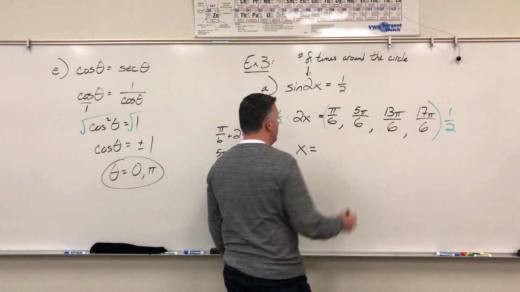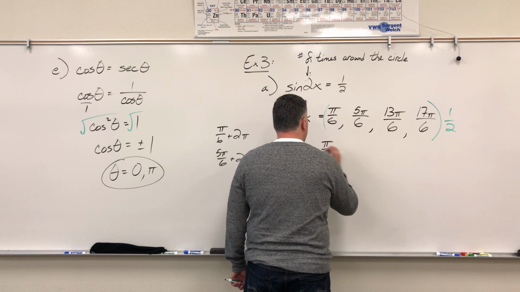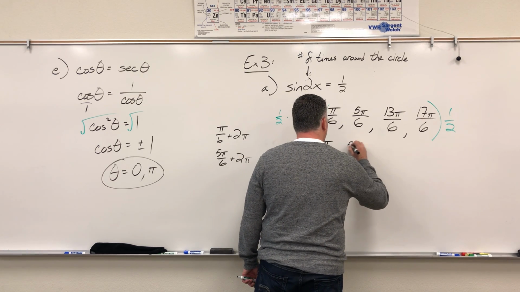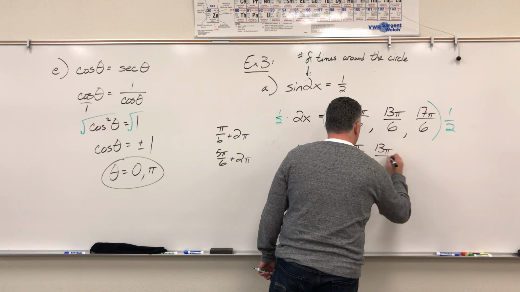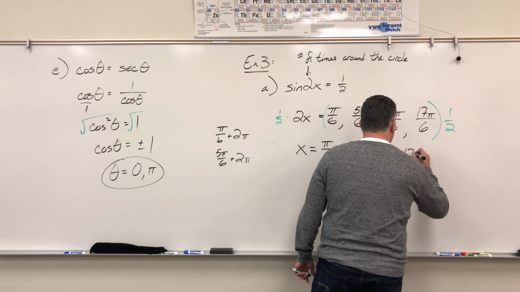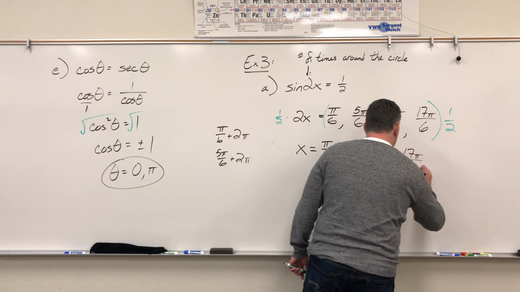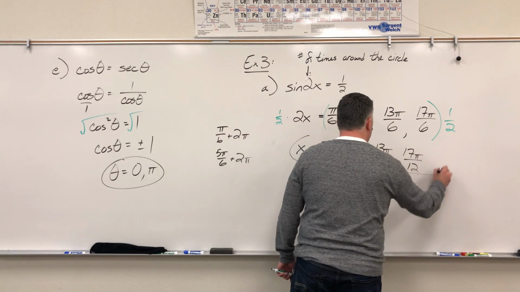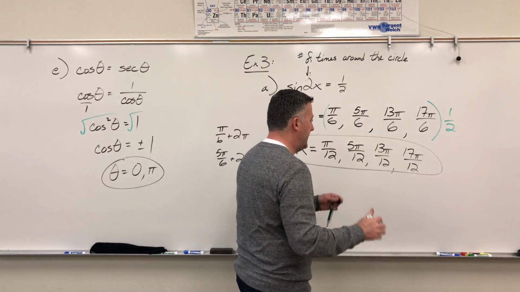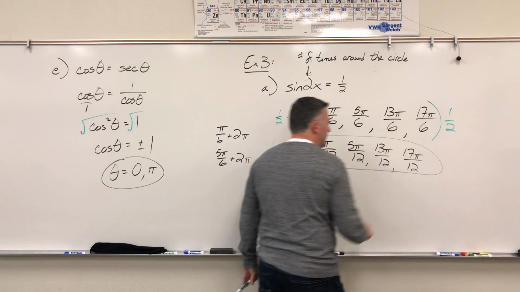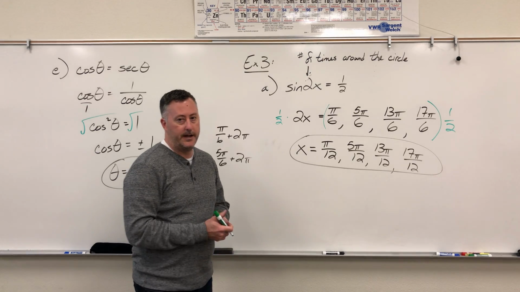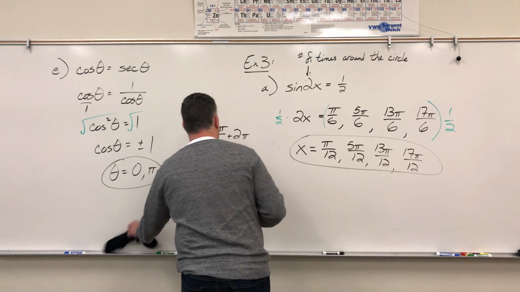Reduce it if you need to. So pi over 12, 5 pi over 12, 13 pi over 12, and 17 pi over 12. So you now have all of your solutions, and now they all fit in that interval from 0 to 2 pi.